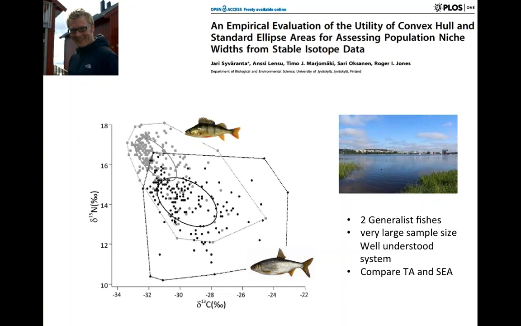What effect will this have on these measures of niche width? Which measurement holds up best to variations in standards and sample size? So we decided to compare this TA, the traditional layman measure, with the various different ellipses that the SIBER folks had developed.